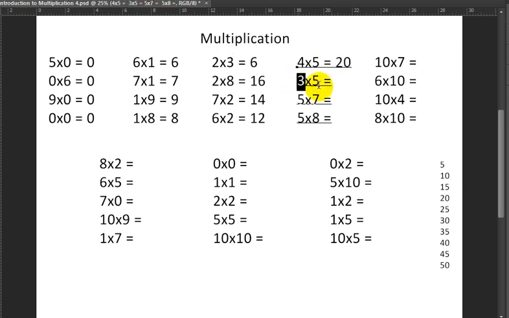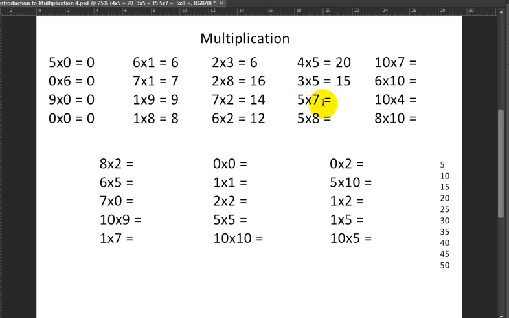In the next one, we have 3 times 5. So we're multiplying 5 by 3. We need to count to the third number. So 5, 10, 15. Stop. That's the third number. So 15.